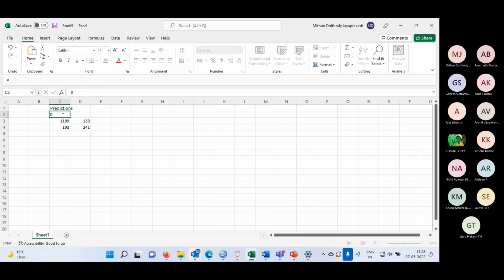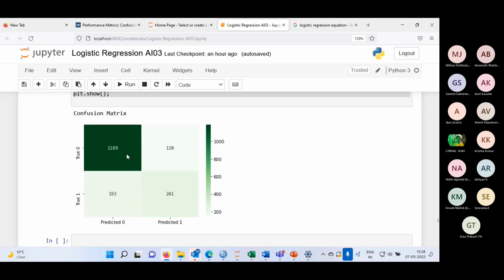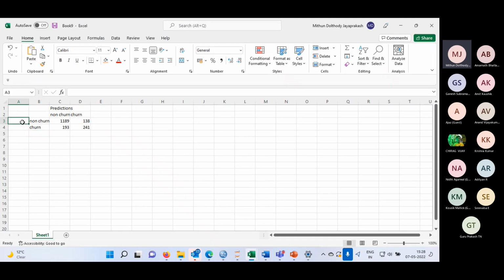So this is non-churn, and this is churn. Similarly here, non-churn, and this is churn. The word true also means actuals here. Actual means what we have from the data.